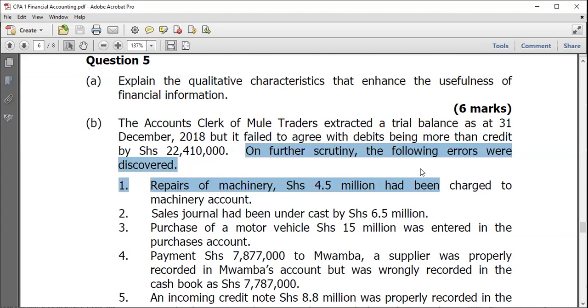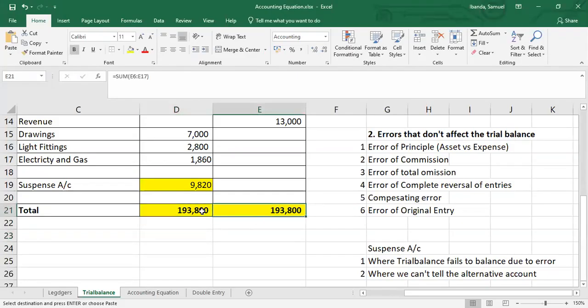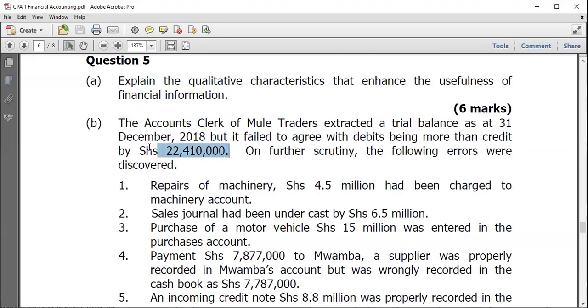So we can see that they are giving us what exactly happened. So it means if this is our trial balance, this and this failed to balance by that value they have given us. Now, I earlier said that the side that is less than the other is the side that has a suspense account.